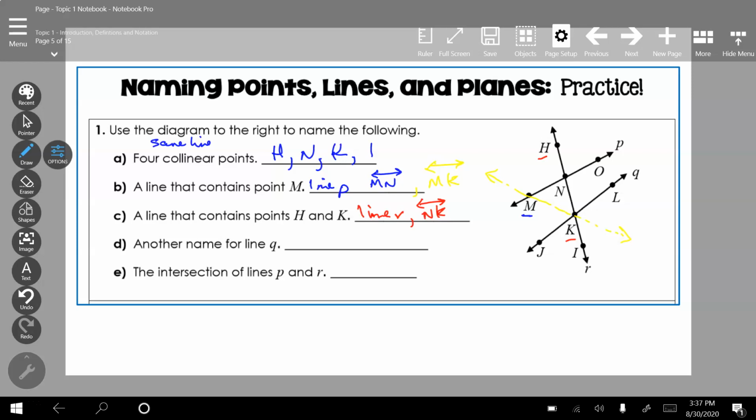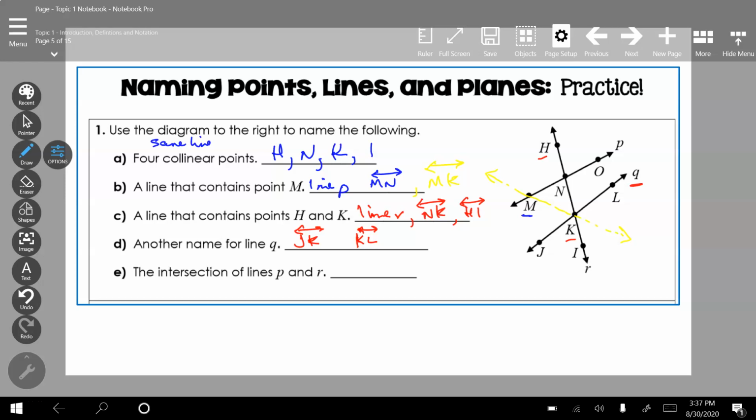You could call it HI. Many different names. Here is line Q. I could call that JK. I could call it line KL. I could call it many different things. They're all the same.